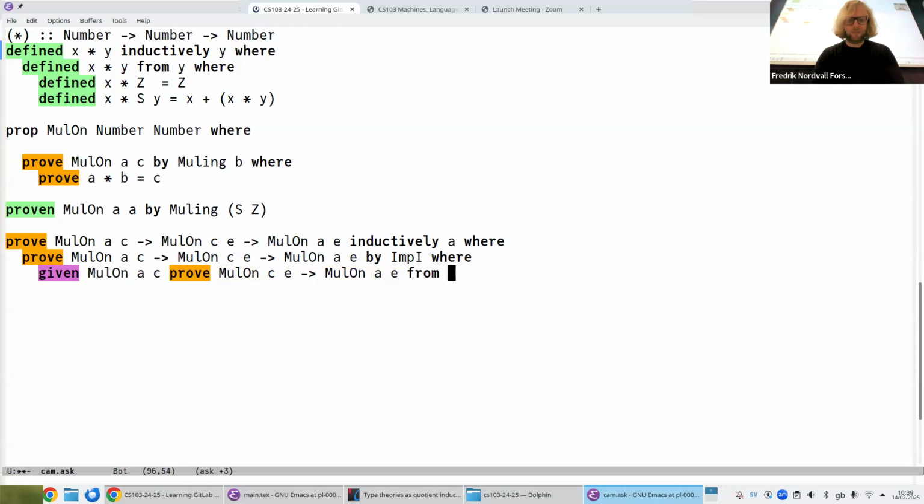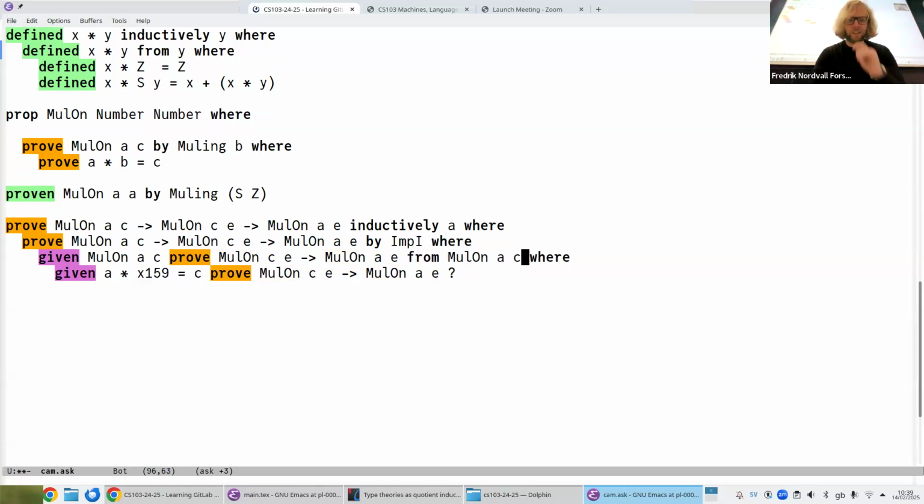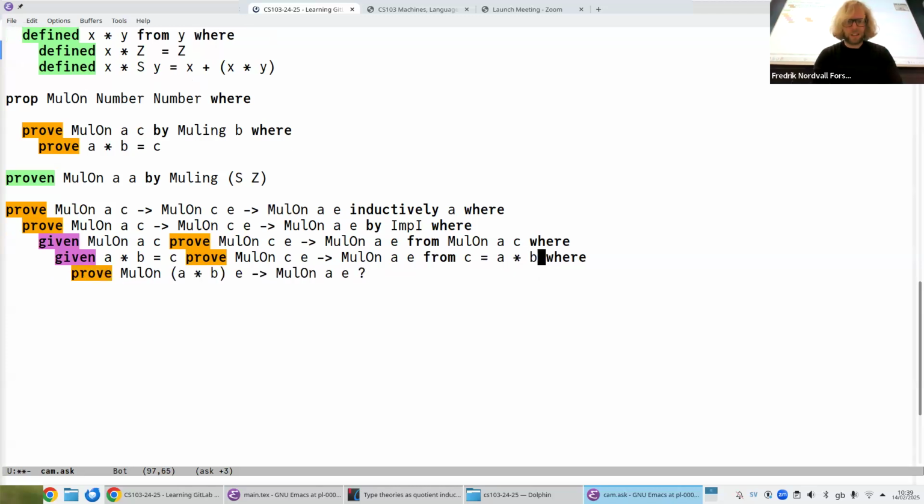I'm going to do a from mul on AC, and then I get given that there is some B such that A times B is C. And then I'm going to propagate this information to my goal. So I'm going to say from C equals A times B. So now that's replacing this C with A times B. Right.